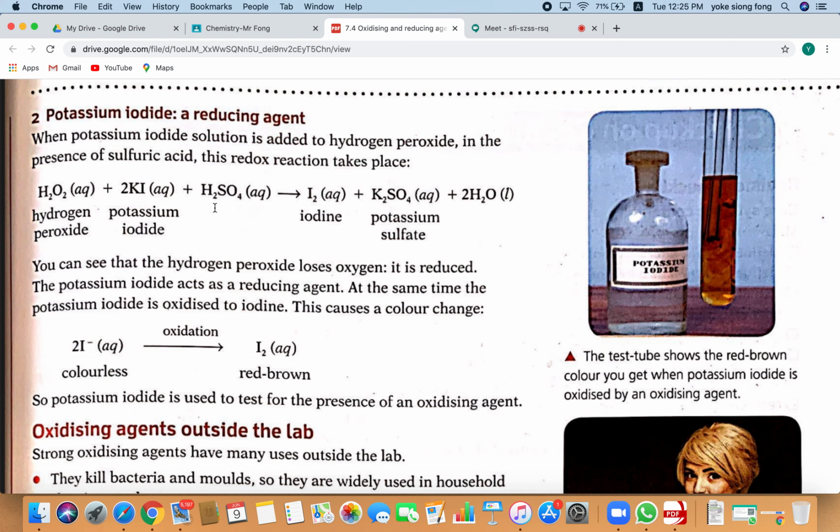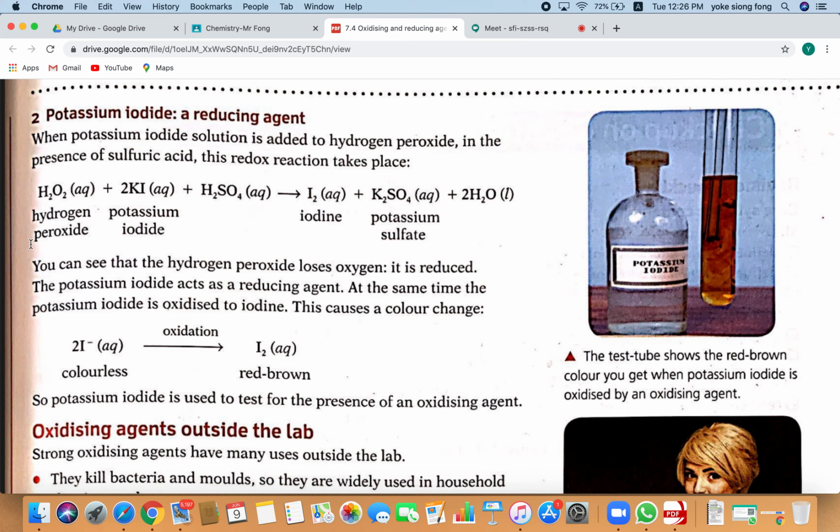One more time. The main point is that the iodide in potassium iodide is I negative and becomes I2, which is neutral. So from -1 it becomes 0. The value increases, so this is oxidation. The main point is the iodide, not the K: the iodide becomes iodine. So when this iodide is oxidized to iodine, it itself undergoes oxidation, so this one must be the reducing agent. When I say KI is the reducing agent, automatically H2O2 is the oxidizing agent.